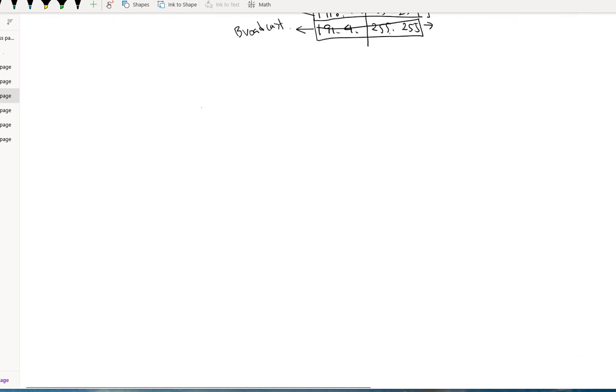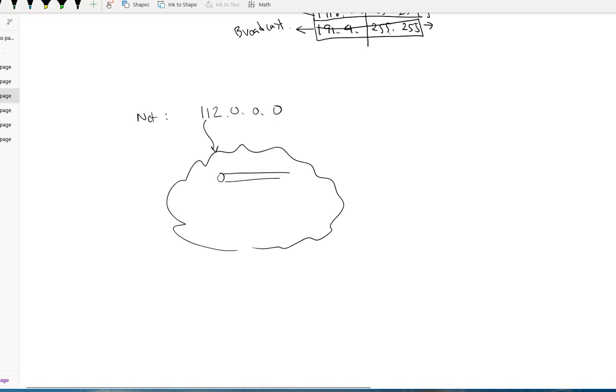So for example, in the homework assignment, basically what is given is 112.0.0.0. So this is given. So this is like the network address, by the way, which is the address for this local area network. And then this is like a switch, the shared medium. So I have a lot of hosts. Somewhere in the middle, by the way, this is like my first usable host address.